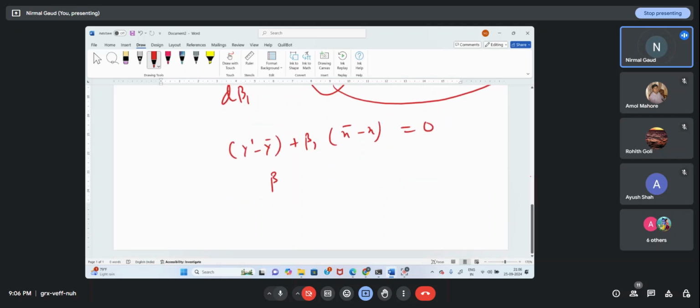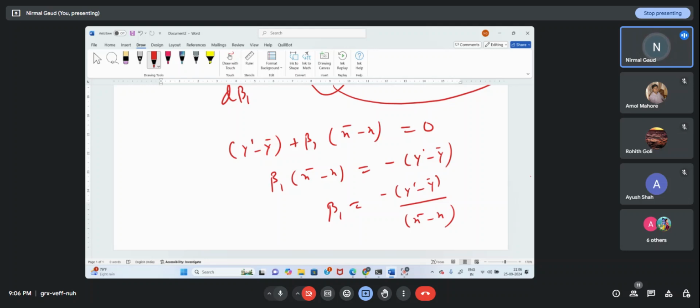So beta 1 x bar minus x is equal to minus of y dash minus y bar, and beta 1 is equal to minus of y dash minus y bar upon x bar minus x. Or I think it's a better way, because minus is coming, so I can change the terms.